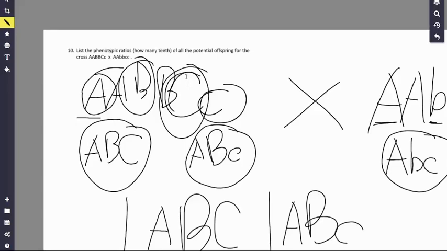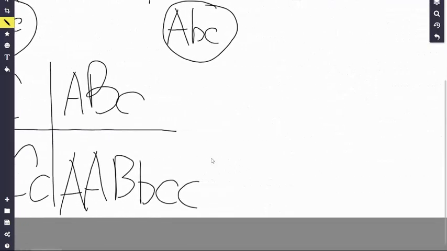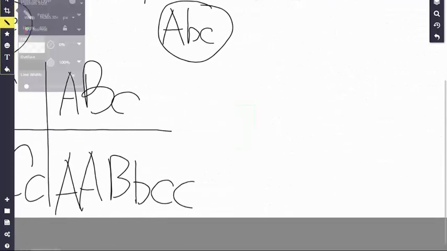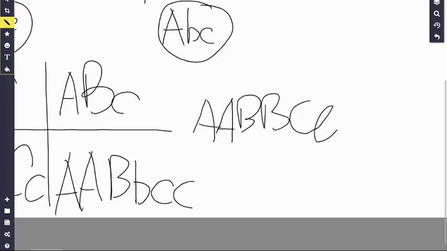So yes, list the phenotypic ratio. Okay, so the question wasn't full, but let me check the entire question. So let me write it here. This is six teeth.